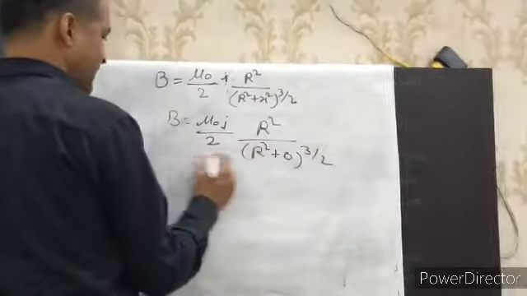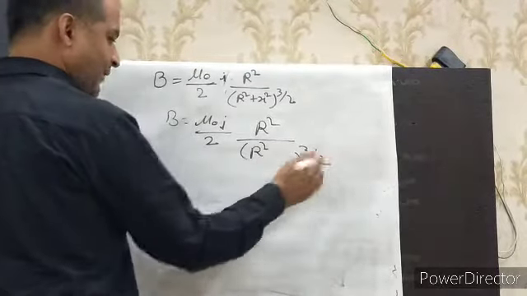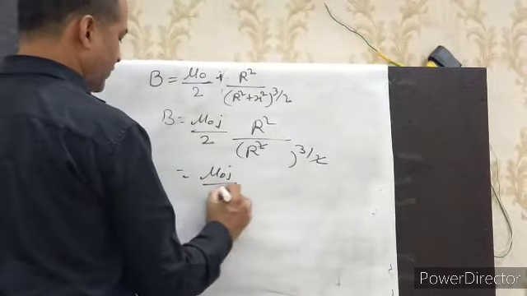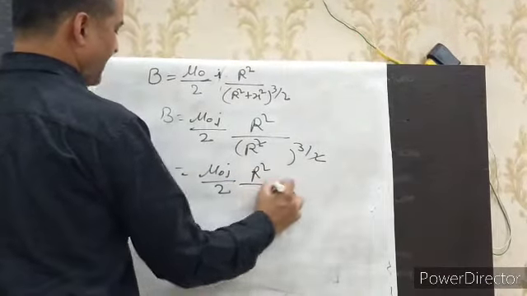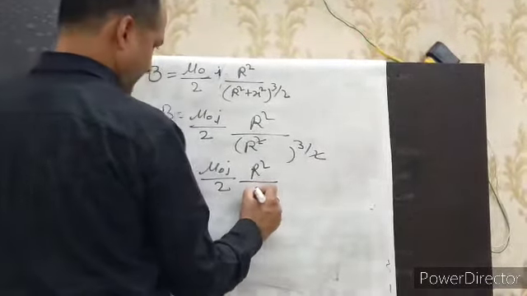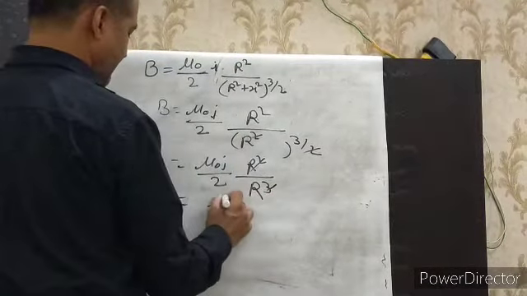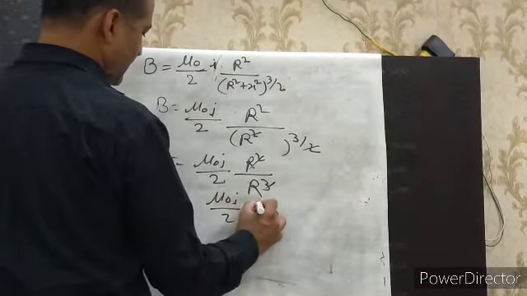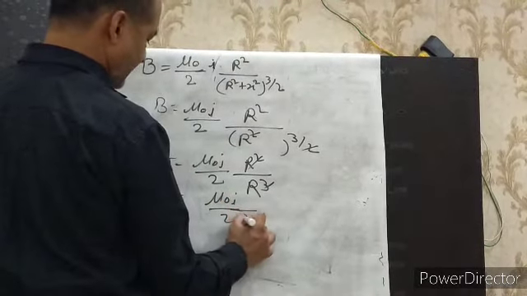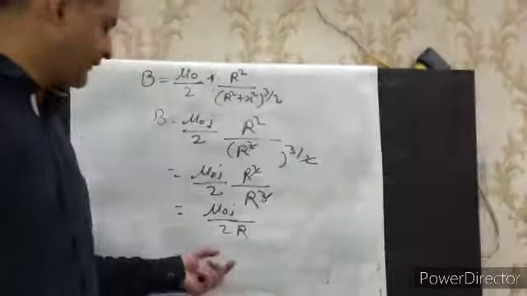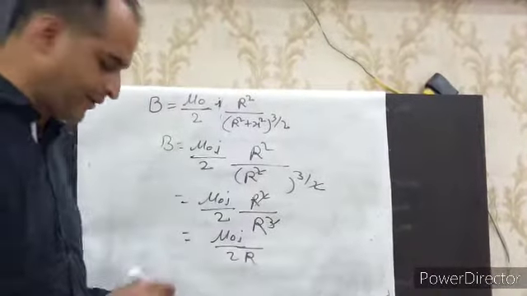This becomes only R square, then we get mu naught I by 2, R square upon R cube. R square cancels, and this is mu naught I by 2 R. This is the magnetic field at the center of the loop.